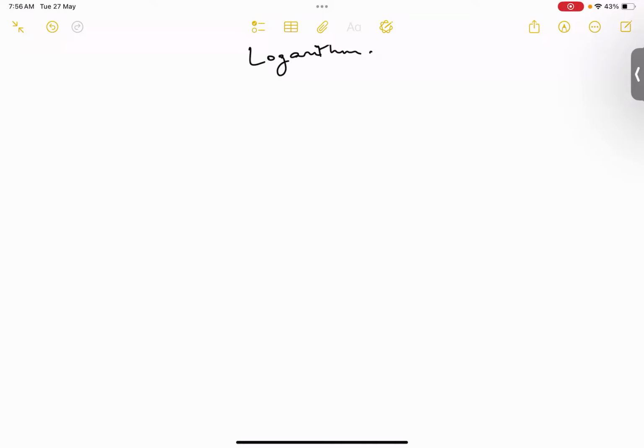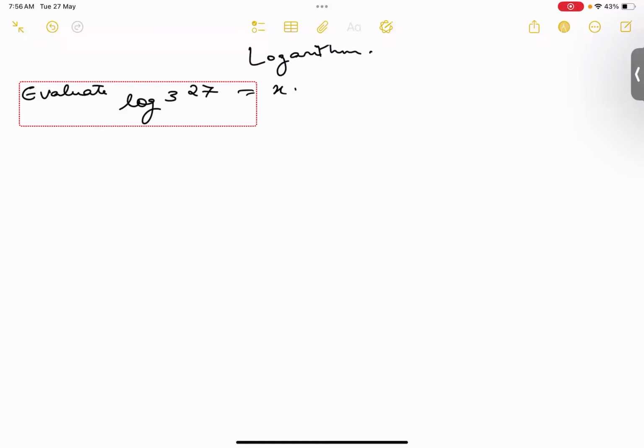Suppose we are asked to evaluate a number like this: evaluate log base 3 of 27. Now we have to find the value of x. Let's say log base 3 of 27 is x.